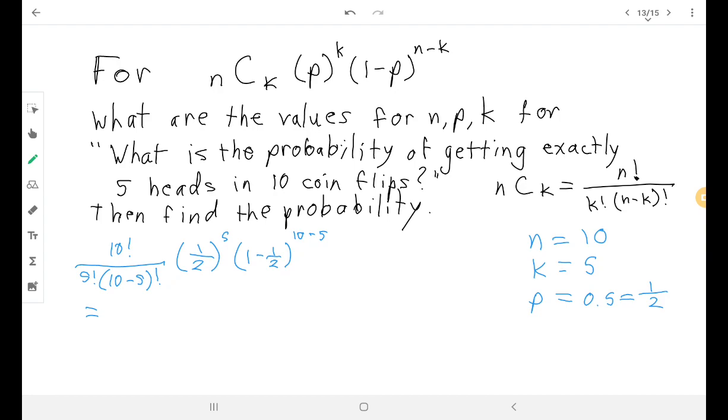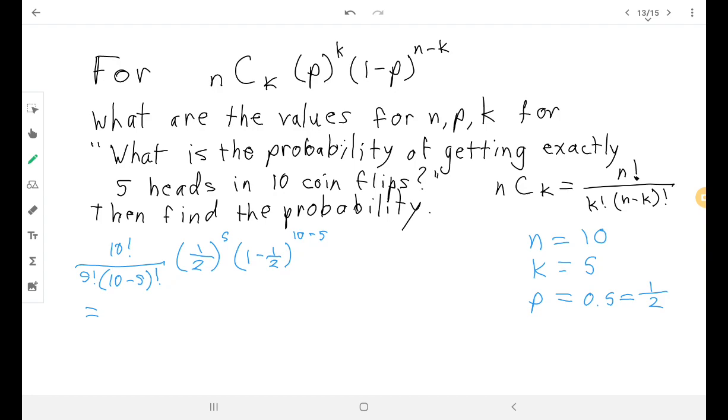So 10 factorial is 1 times 2 times 3 times 4 times 5 times 6 times 7 times 8 times 9 times 10. Notice that at the beginning of that, I've got 1 times 2 times 3 times 4 times 5. So at the beginning, I've got 5 factorial.